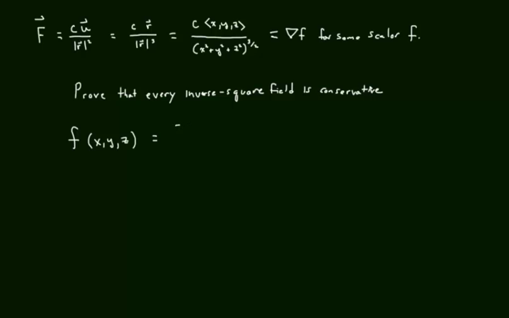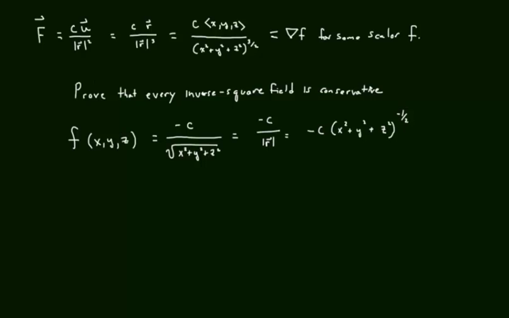So let's call scalar f equal to negative c, for some constant, over the square root of x squared plus y squared plus z squared. Or written out as follows.